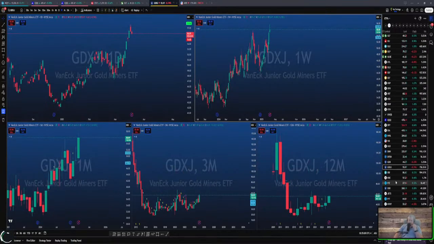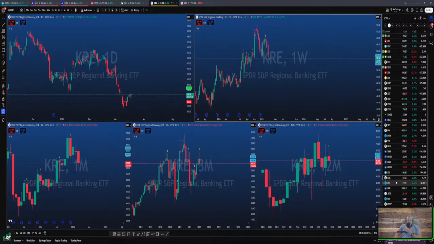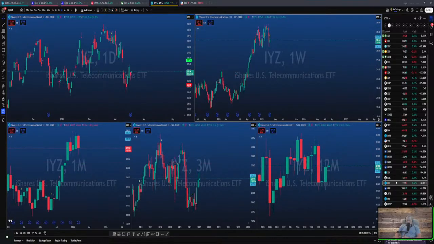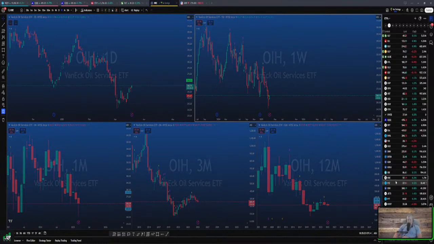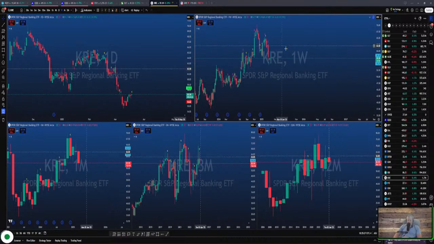Almost done with these. Junior gold miners, pretty much same chart. Biotech shorts. Regional banking shorts. So when I'm saying that, I'm looking at this bottom line and saying, what should my bias be? And then I'll look at the top two and say, is there a setup?